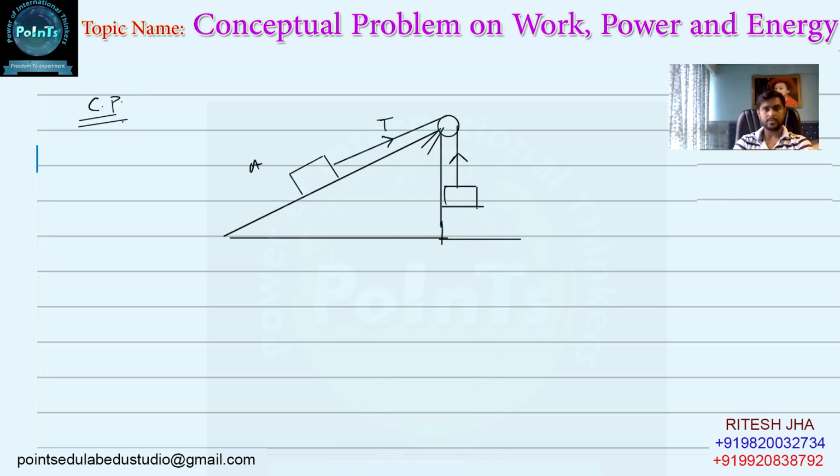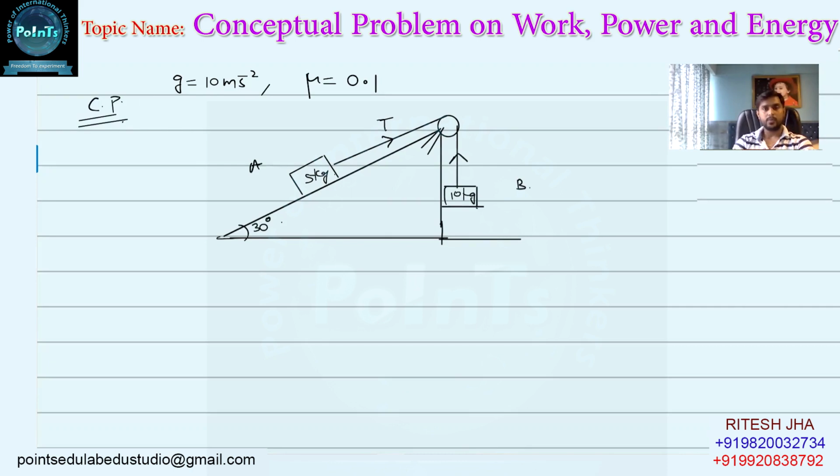This is block A, this is block B. This is 10 kg and this one is 5 kg. Consider g equals 10 meter per second square and mu, the coefficient of friction, as 0.1. This angle is 30 degrees.